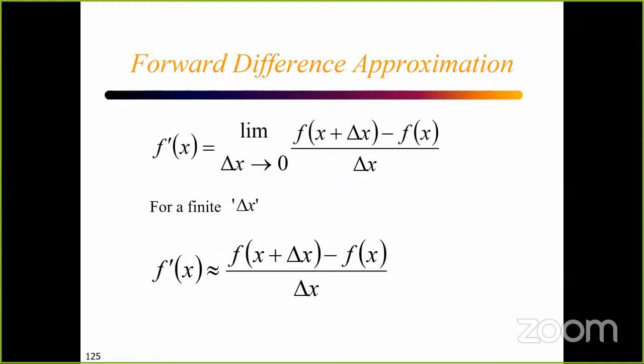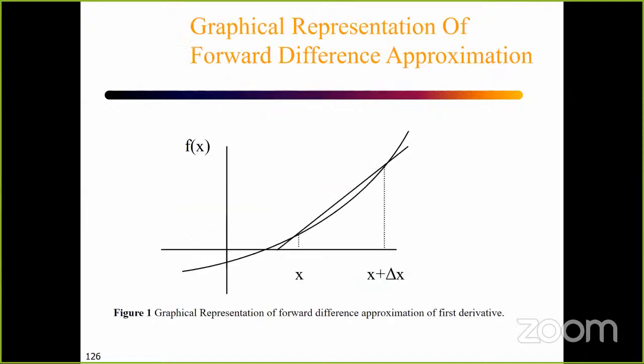We have not taken the derivative; we have taken the values of the function at the new point and its displacement with time. Here you know x and the value of the function at x, and the value at x plus delta x.